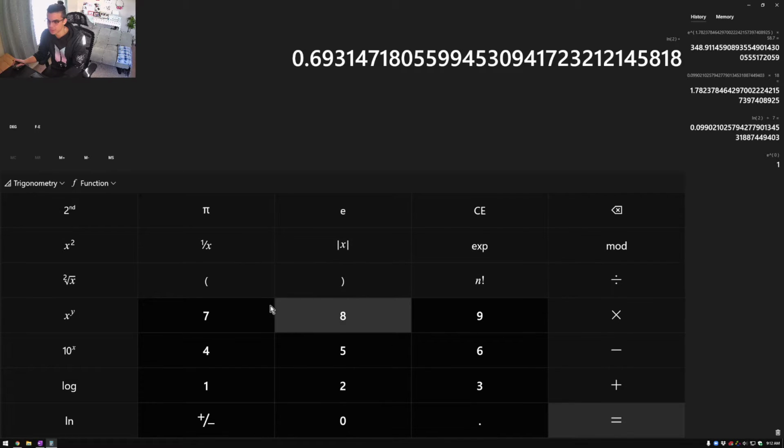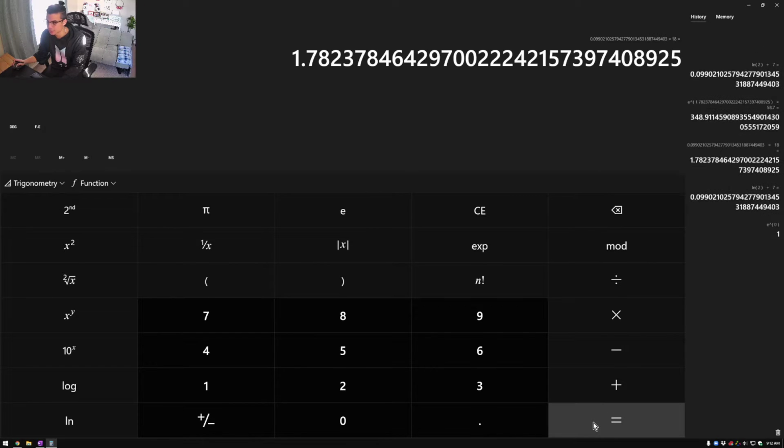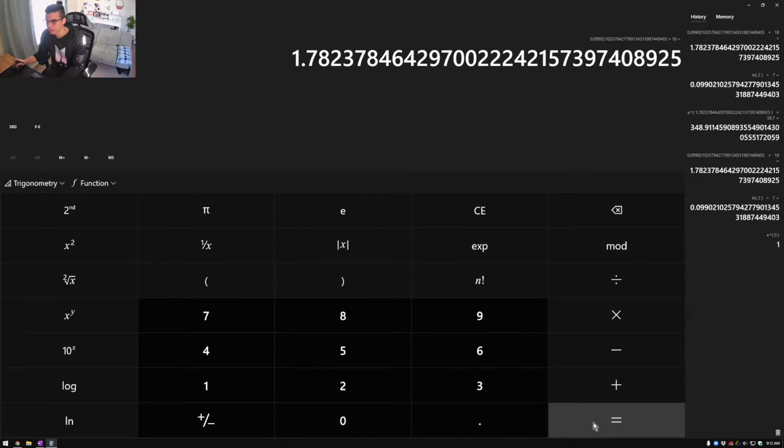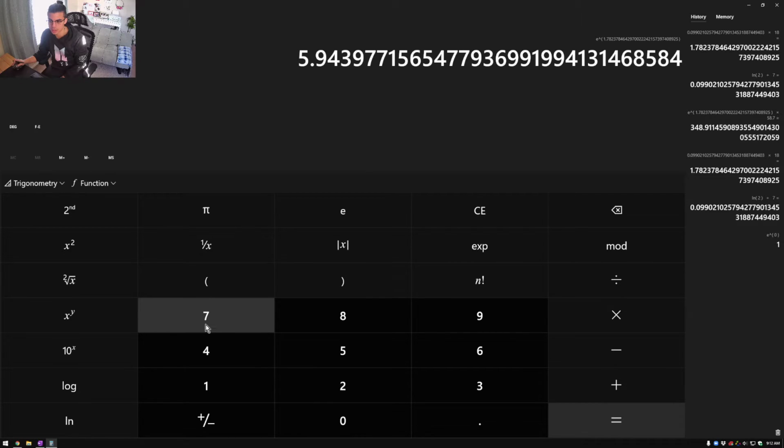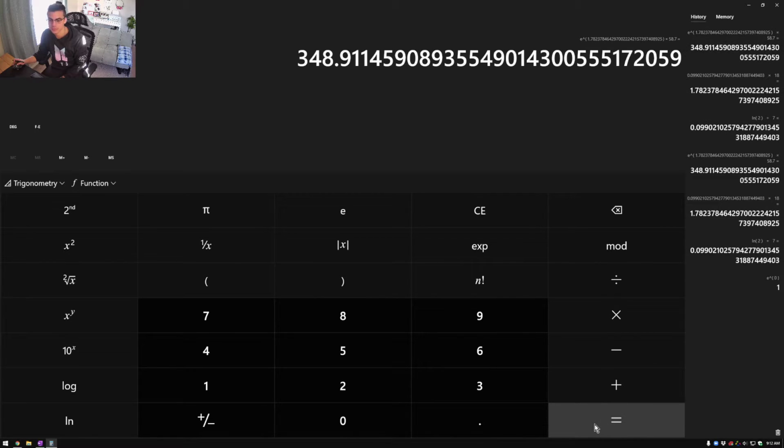Then I divide it by 7. That's one factor in the exponent. Then I multiply by 18. And that is my complete exponent. Then I click on second to have this option, e raised to the power of x. X is the value that I have on the calculator, so I click there, and now I have e raised to that power. And then I need to multiply that by 58.7. Let me know if you got that number.